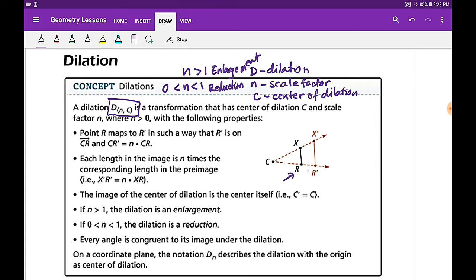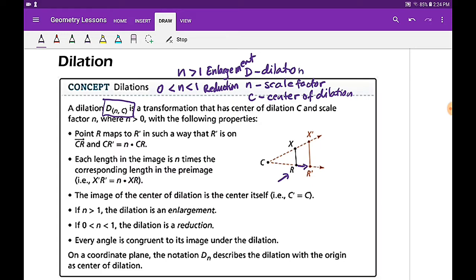Point R maps to R prime in such a way that R prime is on ray CR, this ray right here, and the distance from C to R prime is equal to the scale factor times the distance from C to R. So R prime is either farther away from the center or closer to the center based on the scale factor.